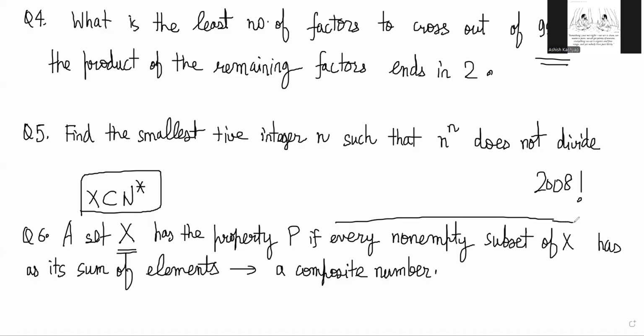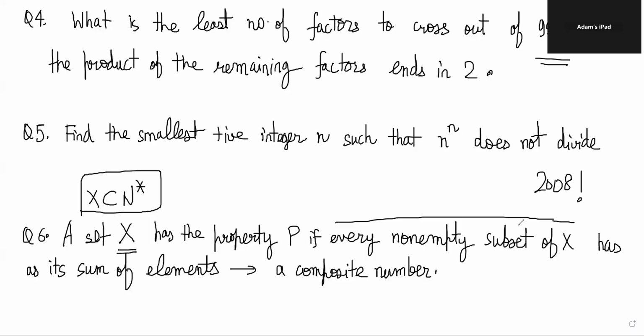The set X can have many subsets. Whenever you take a non-empty subset of the set X, if you add up all the elements of it, it should become composite. If that happens for every non-empty subset of X, then the set X has the property P.